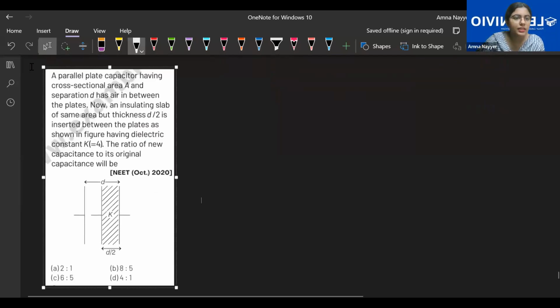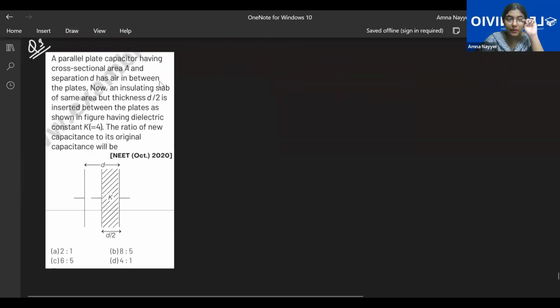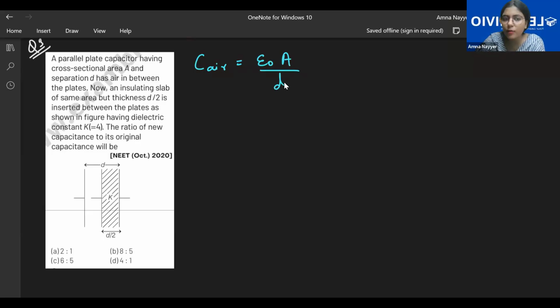Okay, so this is question 3. Let's discuss this. A parallel plate capacitor having cross-sectional area A and separation D has air between the plates. So initially it has air between the plates, and epsilon naught A by D is the formula.